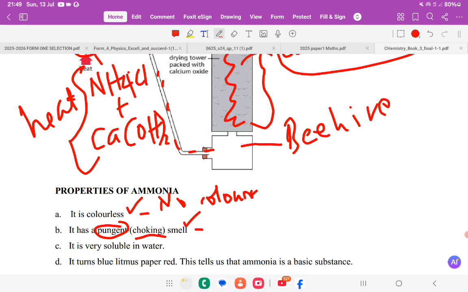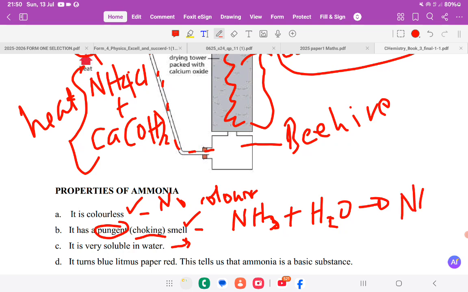Two, it has a very strong smell. Three, it is soluble in water. It can dissolve in water. So ammonia can dissolve in water to form ammonium salts and the hydroxide ions.